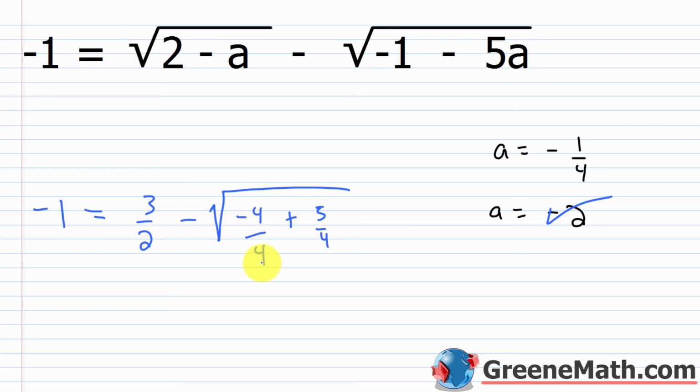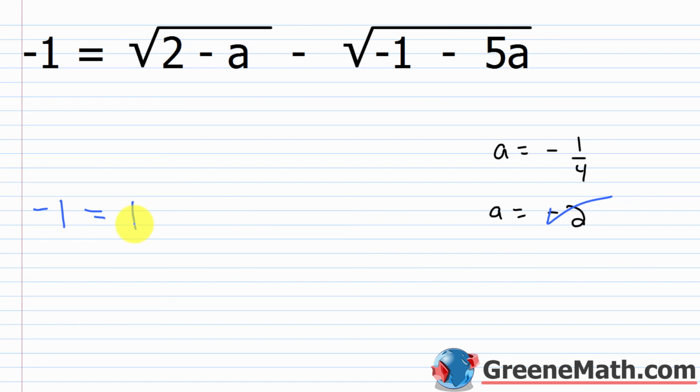Negative 4 plus 5 is 1, so this would be 1/4. Again, I can break this down into the square root of 1 over the square root of 4. Square root of 1 is 1, square root of 4 is 2. So this is 1/2. So 3 minus 1 is 2, and this would be over 2. 2 over 2 is equal to 1.